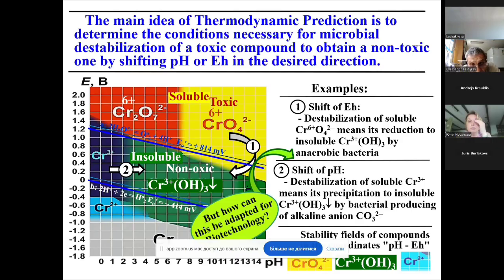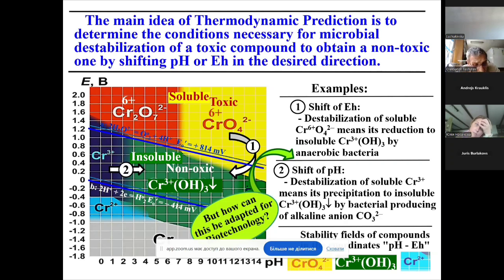And because it is insoluble, it is non-toxic. Another example: if we have the problem with soluble chromium 3 plus cations, an increase of pH gives the same effect, forming chromium 3 hydroxide.